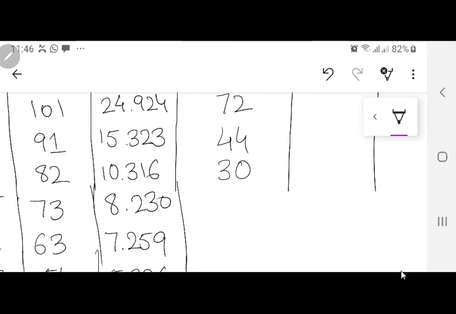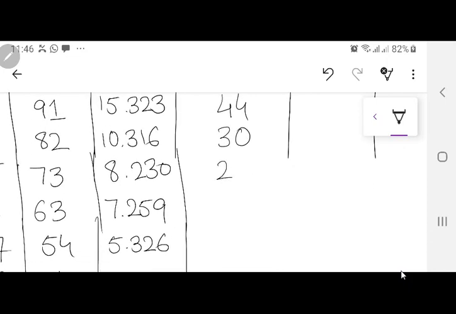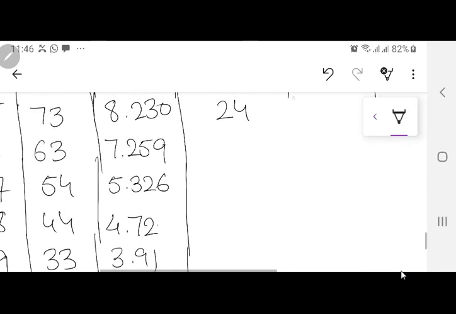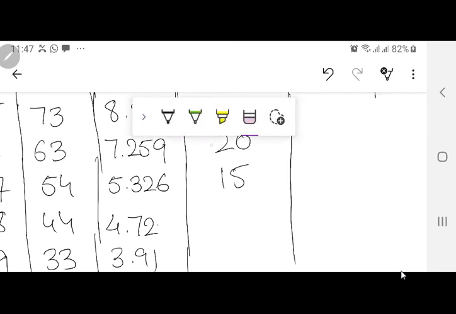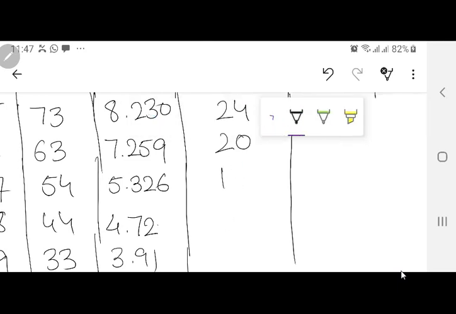Okay. 24. Next. This is 7.259 divided by 0.35. 20. Okay. 15. 15 is not even, sorry, you can't use it, so you have to make it 16.